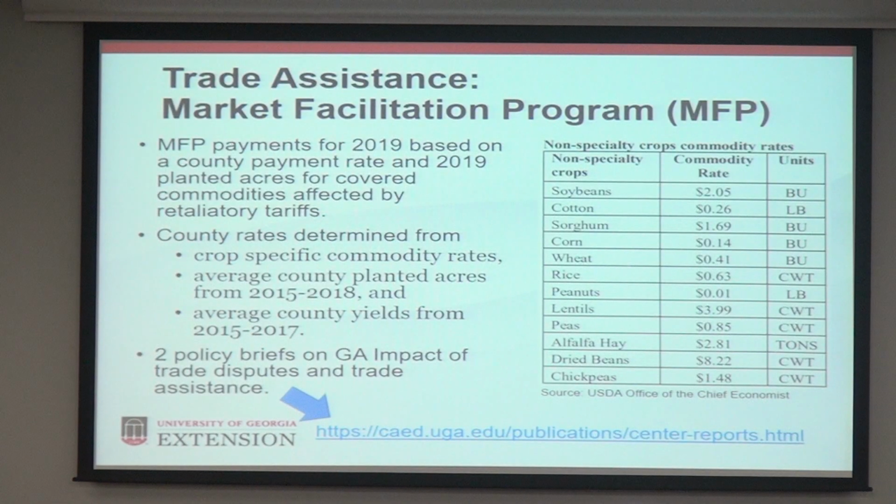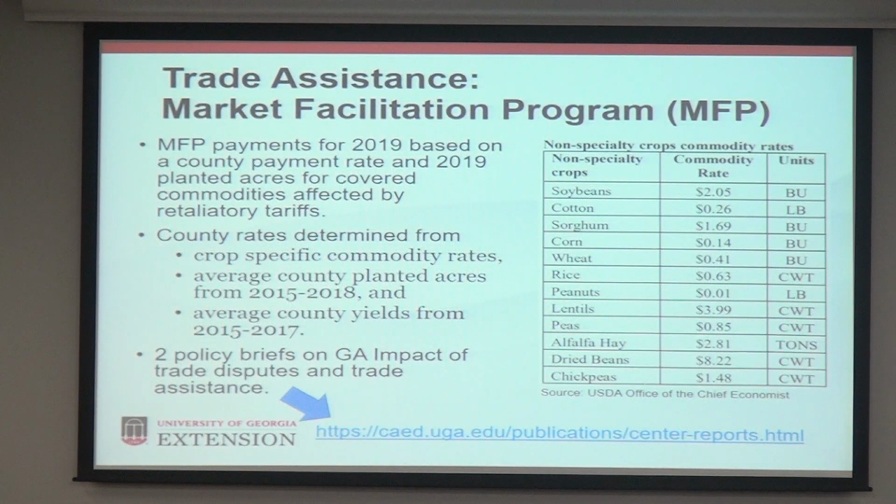So starting in terms of the MFP payment, this is the second year that the Market Facilitation Program has taken place. The first year was based on your actual production in 2018. This year is based on county planted acres, based on those covered commodities. But there are some rates that go behind how the USDA determined what those county rates are.